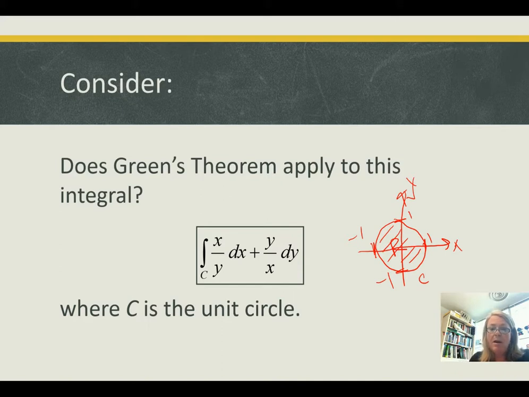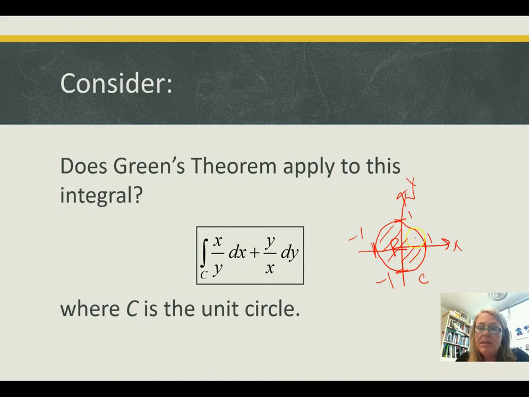We know that R has to be a simply connected region bounded by a piecewise smooth curve. Well, the region is the interior of this unit circle, and the curve C is the unit circle, so certainly the unit circle is piecewise smooth, and the interior of that, the disk, is certainly simply connected.